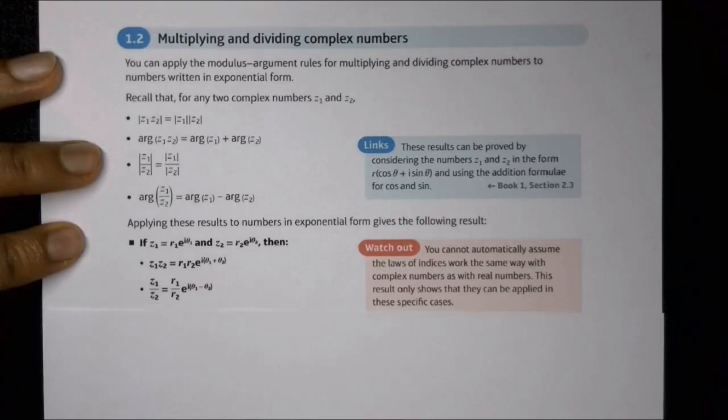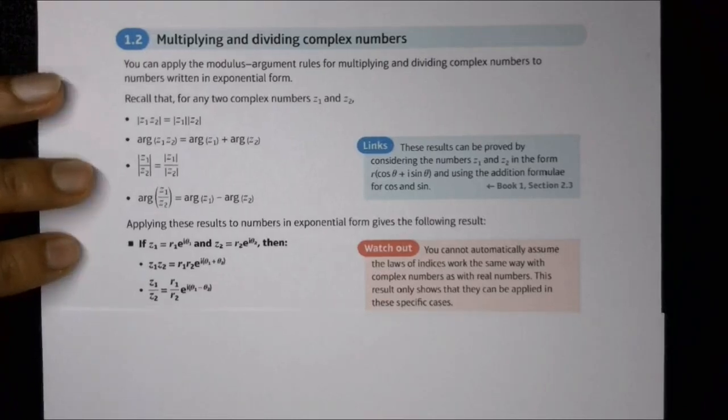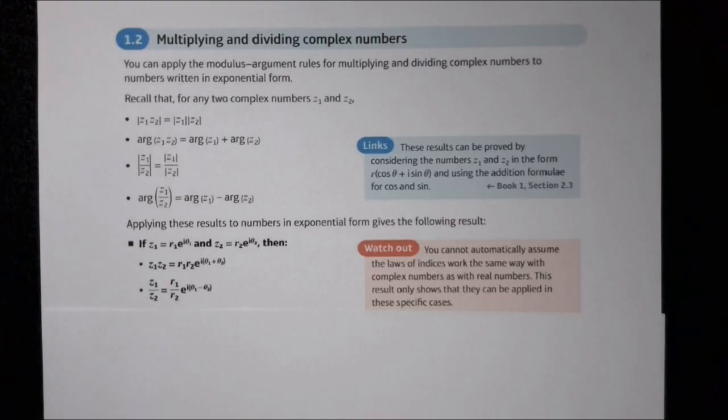And you cannot automatically assume the laws of indices work the same way with complex numbers as with real numbers. This result only shows that they can be applied in these specific cases.